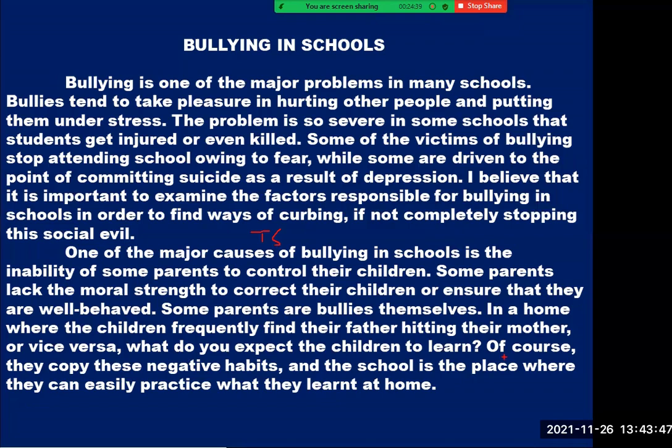Without doing that, the doctor cannot just start prescribing any treatment or any drug, because whatever treatment he is going to prescribe will likely be wrong. He must find out the cause before he provides the solution. So logically, it makes sense to always discuss the causes of a social problem.